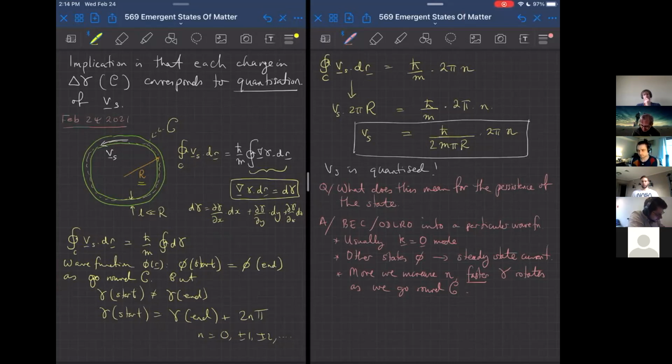So as we increase n, gamma rotates faster as we go around C. By that I really mean that gamma rotates by 2π n times as we go once around the curve C in space.